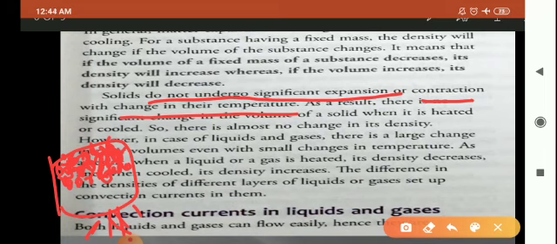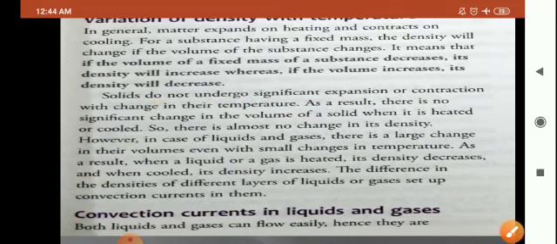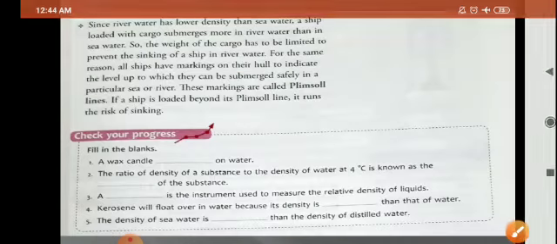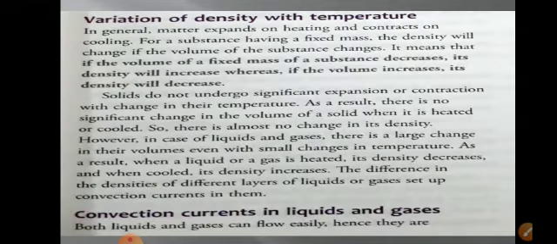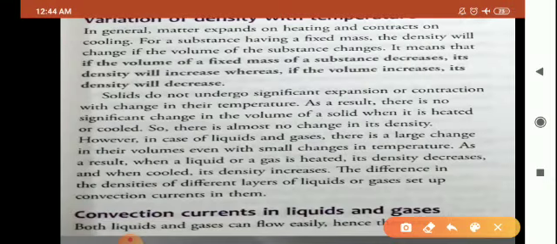But if we talk about gases and liquids, there we can find significant changes. See here. However, in case of liquids and gases, there is a large change in their volume. Because why there is a large change in their volume?